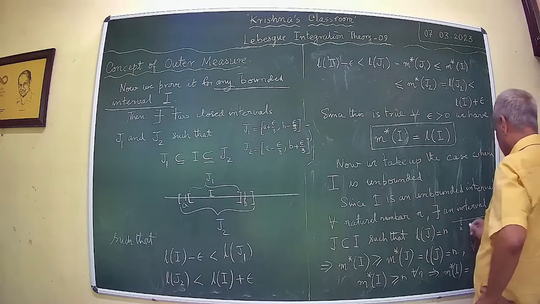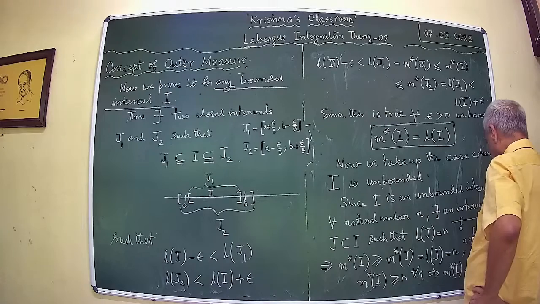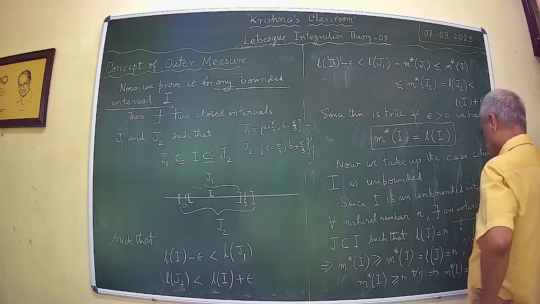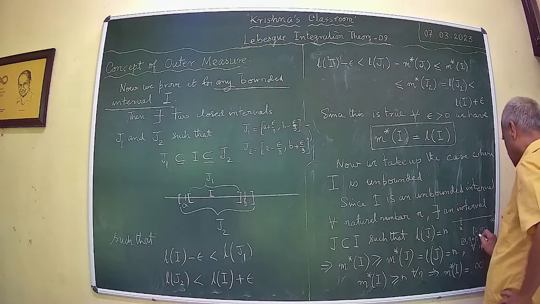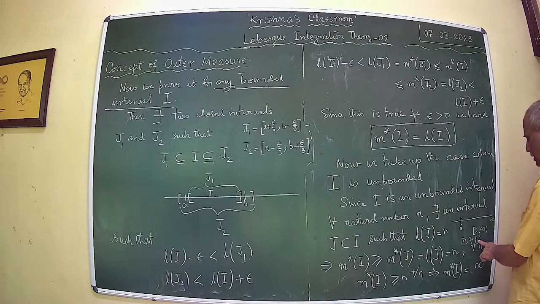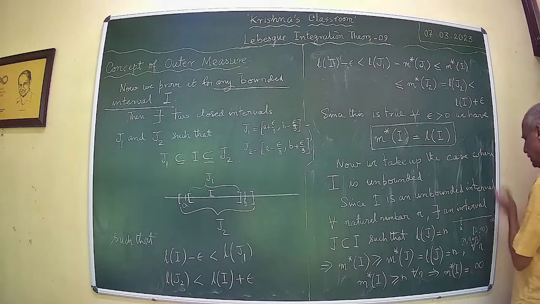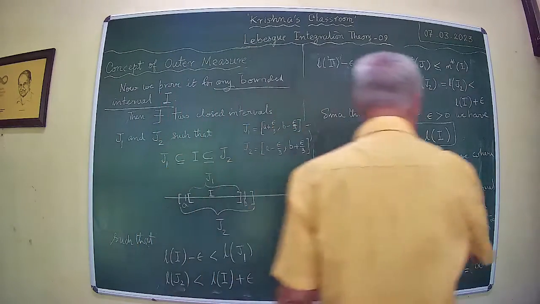You take the interval a to a plus n. Now, what is the length of this interval? The length of this interval is n, and that's also the m star of this. So, m star of this interval is certainly less than or equal to m star of infinity. Therefore, we get this result.